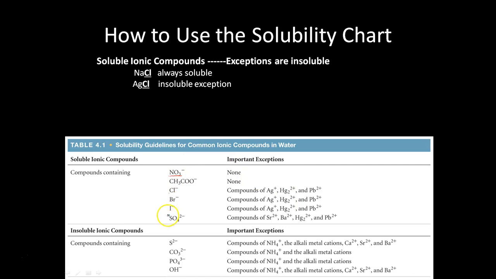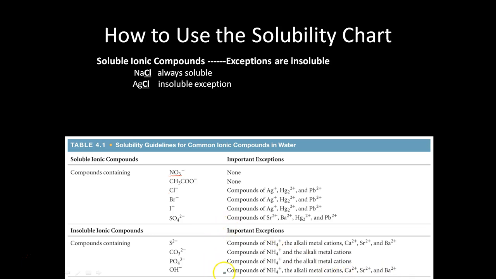So chlorine bonded to any of these 3 metals would be insoluble and would show up as a precipitate. Again, we have bromine, iodine, and sulfur, generally soluble, but with a few important exceptions. So take time learning these exceptions. Then down here are anions that make things generally insoluble. Most hydroxide compounds are insoluble except for those with ammonium, alkali metals, or calcium, strontium, and barium. Calcium hydroxide, strontium hydroxide, and barium hydroxide are important compounds.